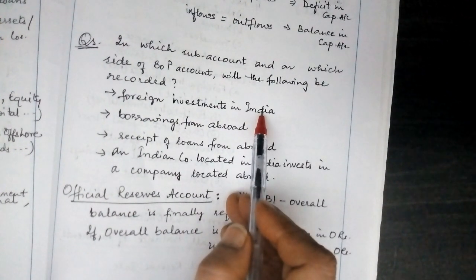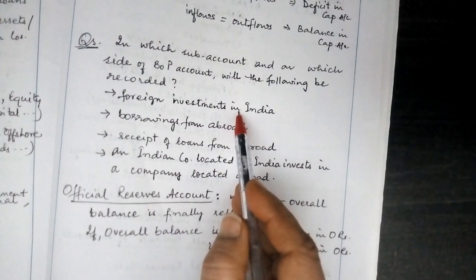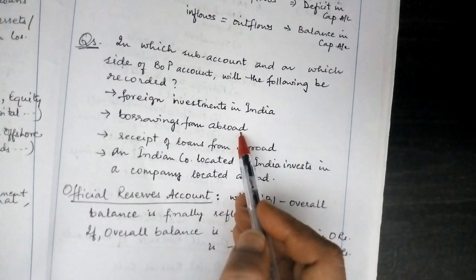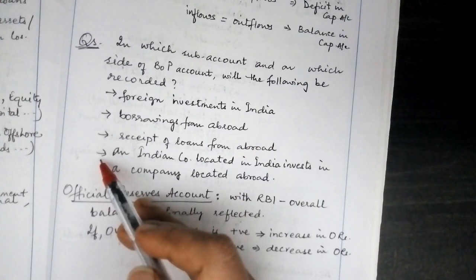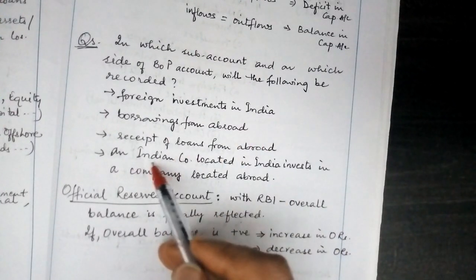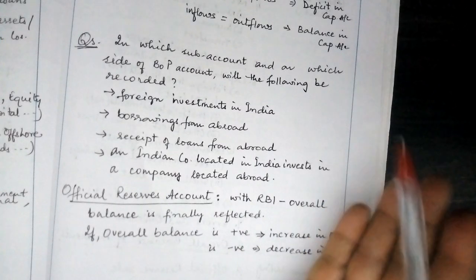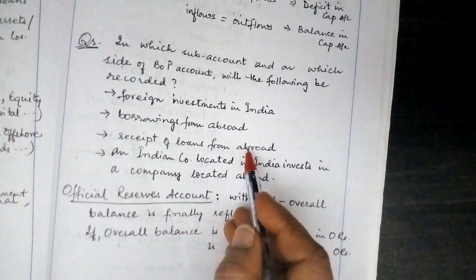Foreign investments in India are receipts or capital inflows and hence will be recorded on the credit side. Borrowings from abroad. When you borrow, there is a capital inflow and hence will be recorded on the credit side. Receipt of loans from abroad. When you receive loans from abroad there is a capital inflow and hence will be a receipt and so will be recorded on the credit side.